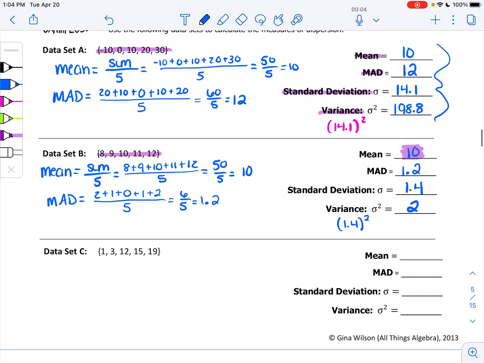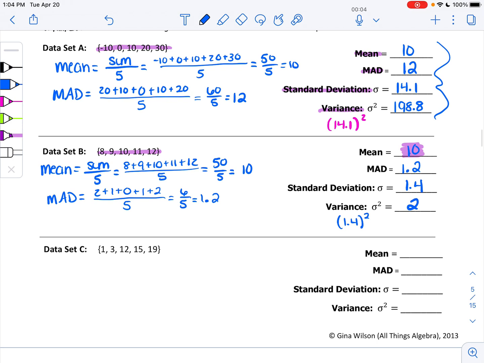Let's take a look at one more example. Set C. Again, starting by finding our mean, we're going to add together 1 plus 3 plus 12 plus 15 plus 19 divided by 5, because I have 5 total values.